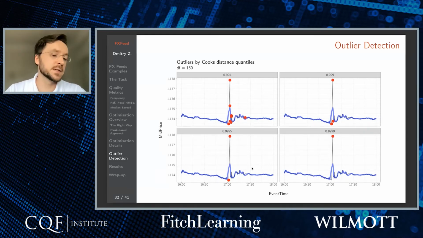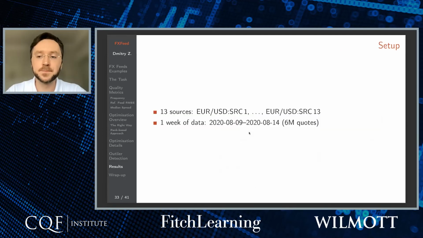And the procedure is semi-automatic in the sense that an analyst still has to look at it and say, this value for degrees of freedom is good, and this particular value for the Cook's distance threshold gives a meaningful result. Right, but it's still better than finding the outliers manually.